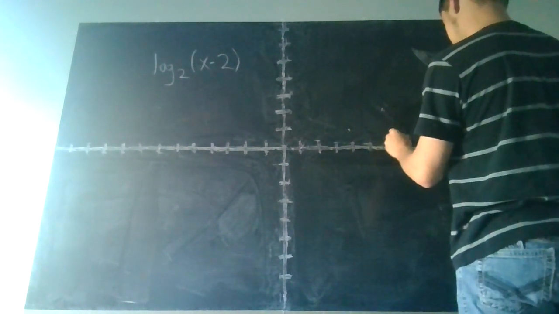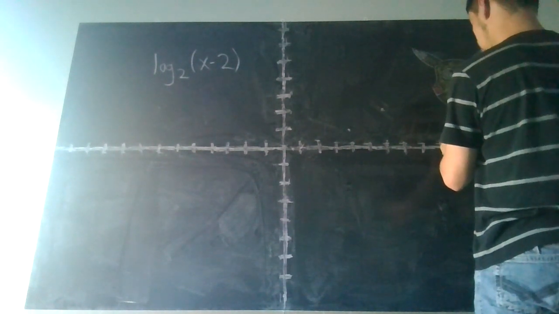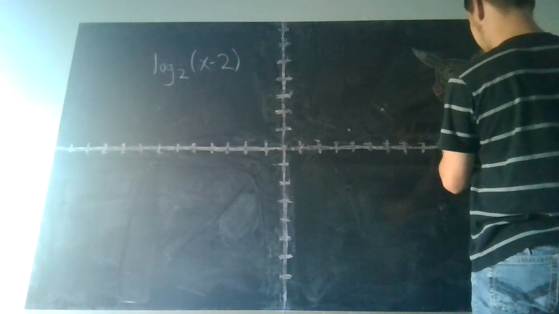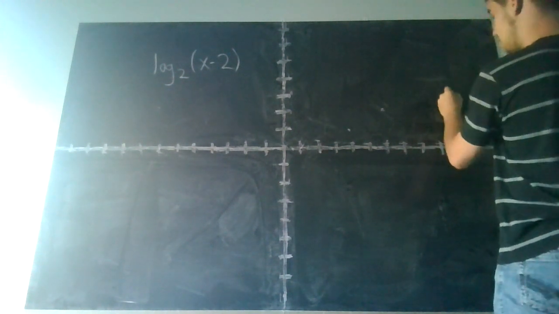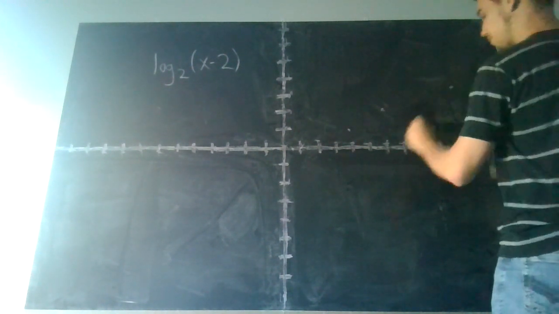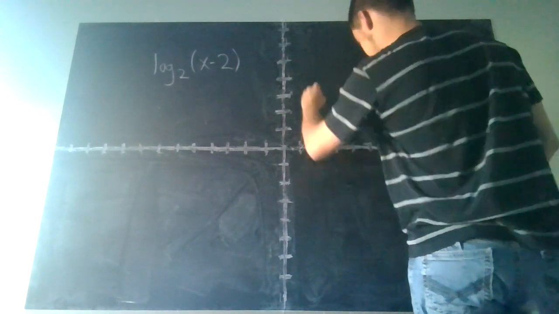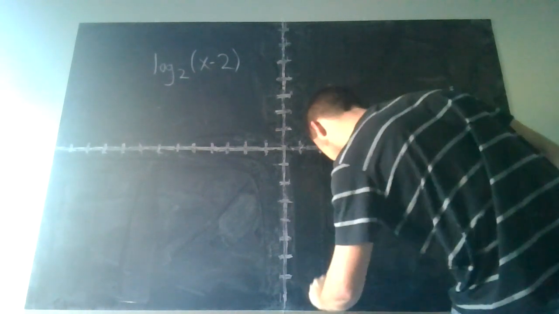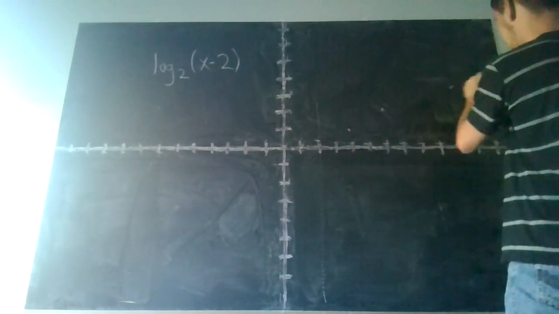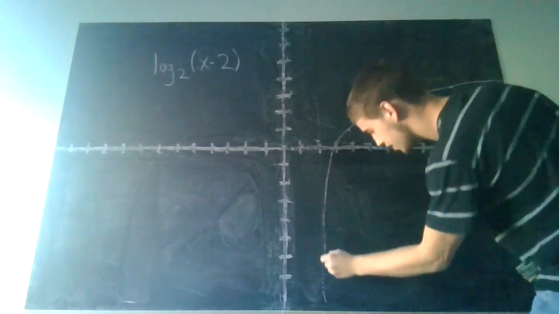And 10 gives you 8, so log of that is going to be 3. And then as we get further and further down, we're going to get closer and closer to this line here, giving us something that looks a lot like this.